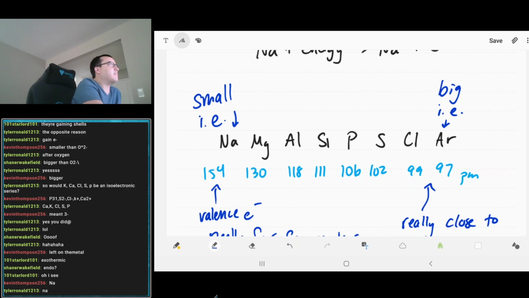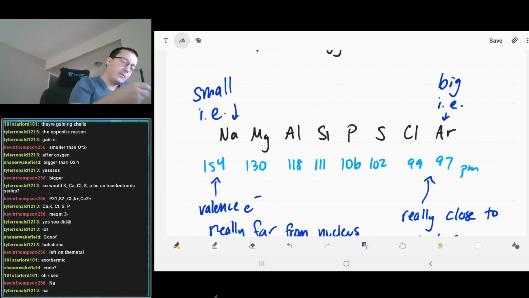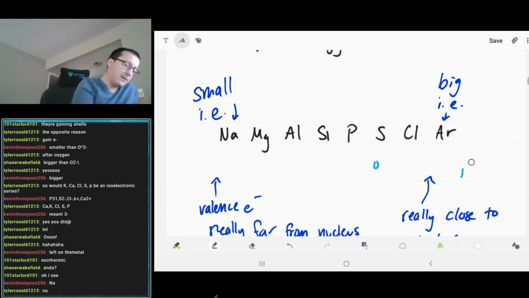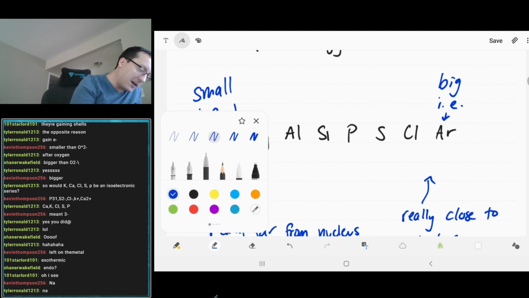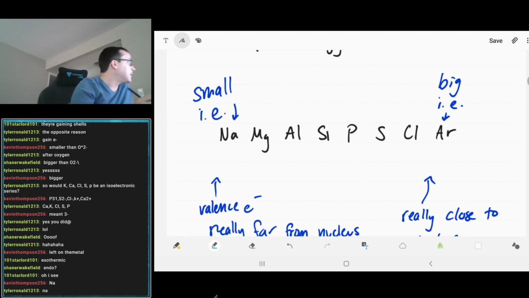Let's pull up some numbers. Oh, thank goodness we have them all here. I'm going to erase our atomic radii, and I'm going to put in the ionization energies so we can just see the trend. Let's put them in light blue again.